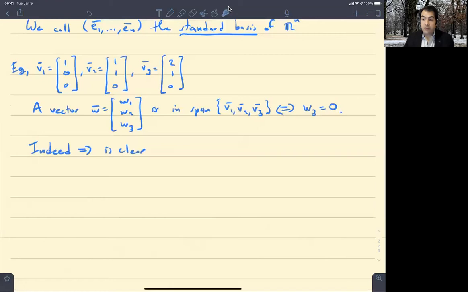And no matter what constants you pick, a multiple of v1 is always going to have the third coordinate equal to 0. A multiple of v2 is going to have the third coordinate equal to 0. A multiple of v3 is going to have the third coordinate equal to 0. And if you add vectors whose third coordinate is equal to 0, the third coordinate is still equal to 0. So one direction is clear.